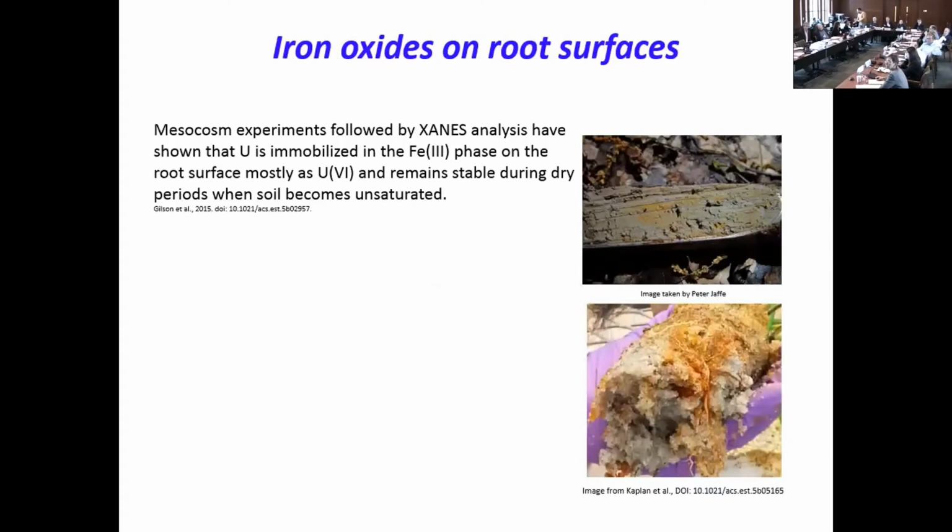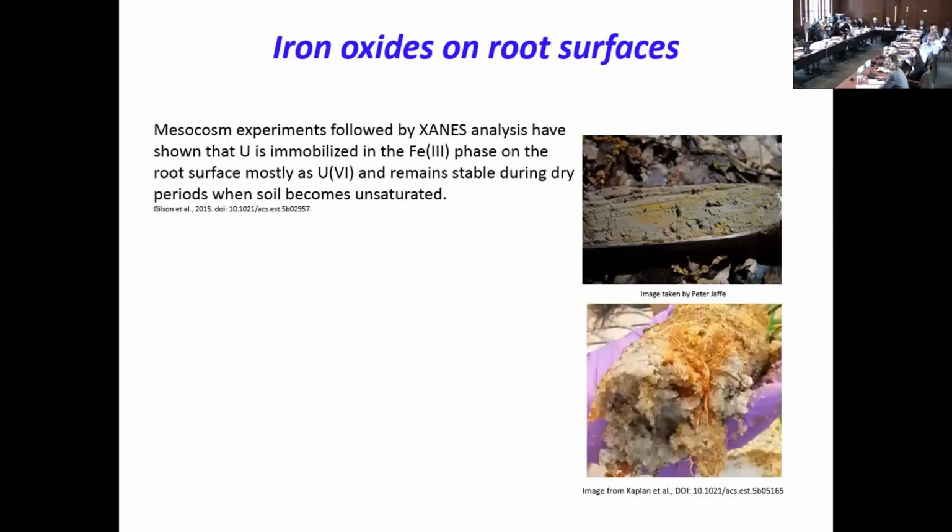So we have done, for example, mesocosm studies with uranium, where we did Zane's analysis, and I think Kevin, right, will talk about that after me, where you can look at the speciation of uranium in these precipitates. And one thing that we thought is that because we have so much iron, we would have reduction of uranium and immobilize it as uranium-4.